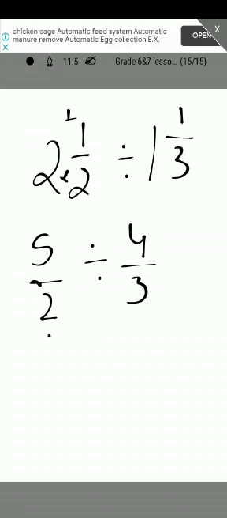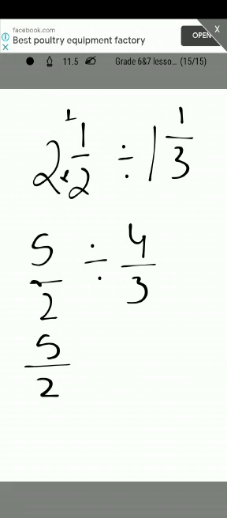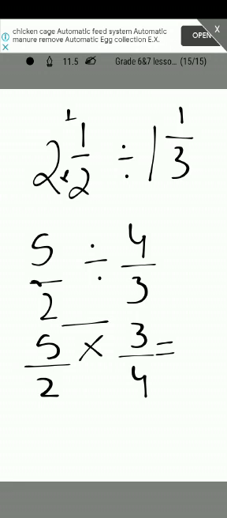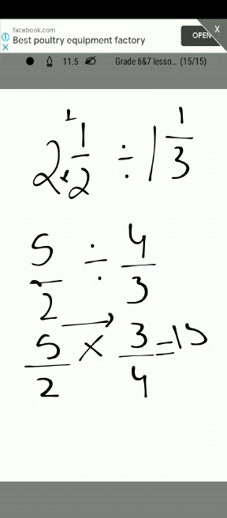Now do the same step that you were doing earlier. Multiply 5 upon 2 by its multiplicative inverse. The reciprocal of 4 upon 3 is 3 upon 4. Now we check if we can cross simplify any number here. We cannot, so we straight multiply: 5 times 3 is 15 and 2 times 4 is 8.